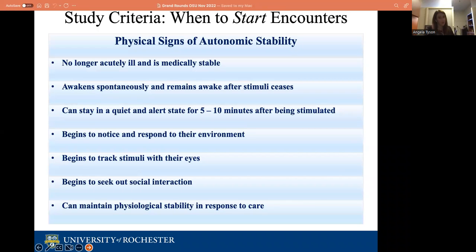So again, I think these signs are very strict to include a baby for OMM, but you've got to start somewhere with something that's published to have some kind of backing. So this was our criteria to know when to start an infant. They had to be at least 28 weeks, and the nurse and I had to go through a checklist to make sure everything was true about this child before they could start the study.